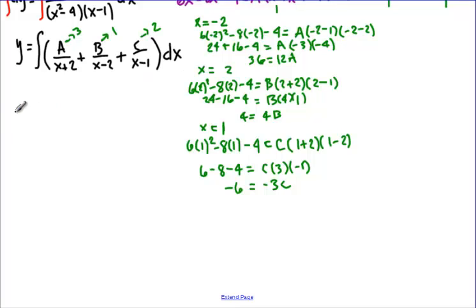So what I'm actually going to integrate is 3 over x plus 2 plus 1 over x minus 2 plus 2 over x minus 1.